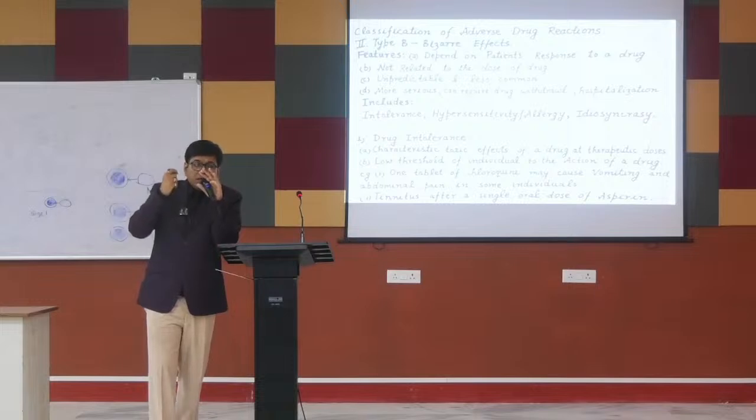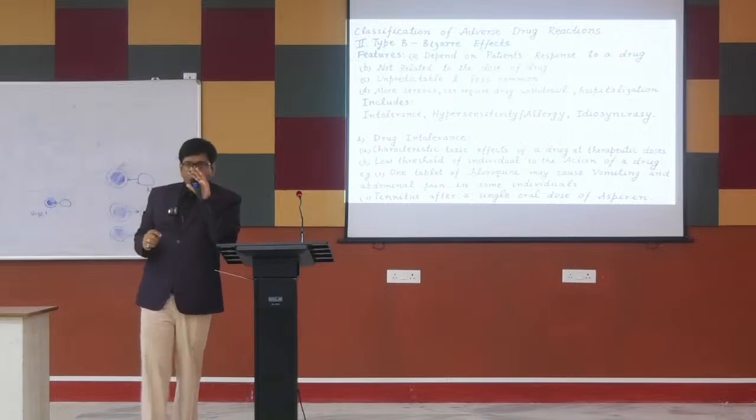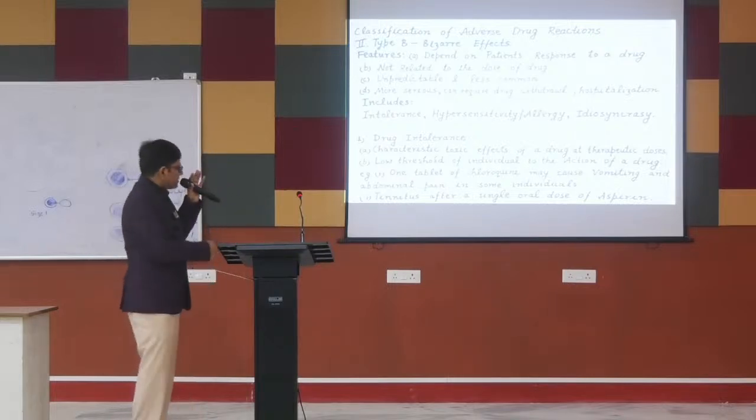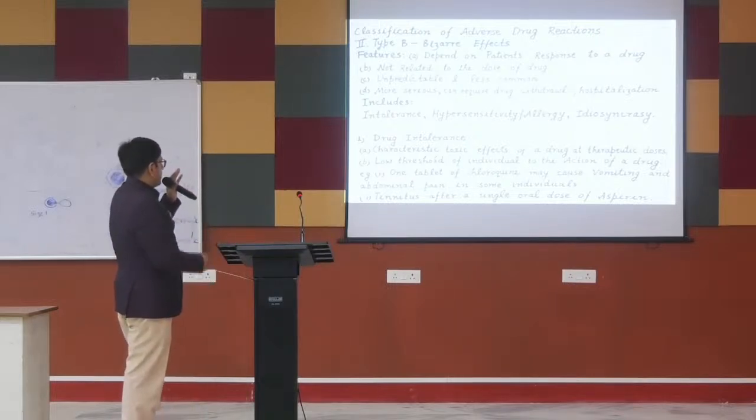Even the lowest possible dose they cannot take because of gastric irritation. This happens. There are some drugs which in some patients at a very low dose produce side effects that are unacceptable. This is not normal. These patients are intolerant to that drug. So this is an unexpected thing that is happening. These are called intolerance. Alright, low threshold of side effect.